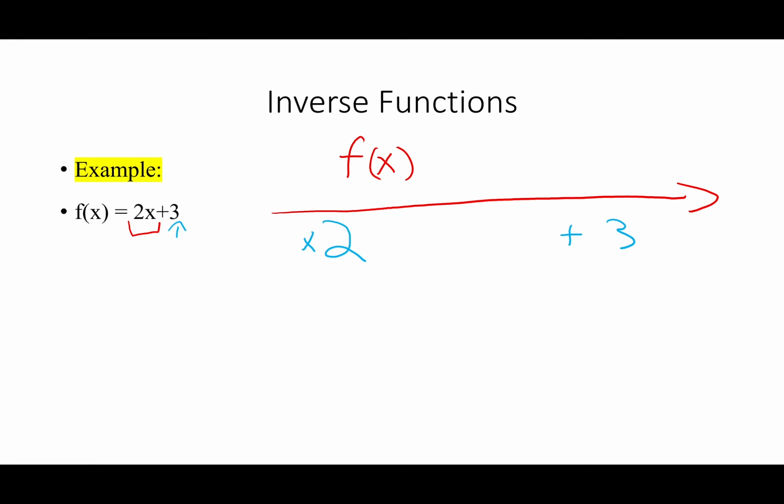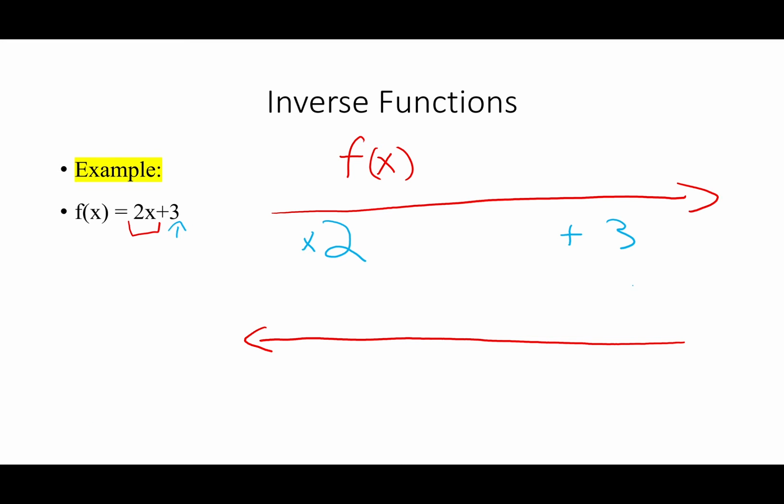Alright. The idea of an inverse function is to write a function that undoes what our original function does. To do that, we go in the reverse order and undo each of these steps.